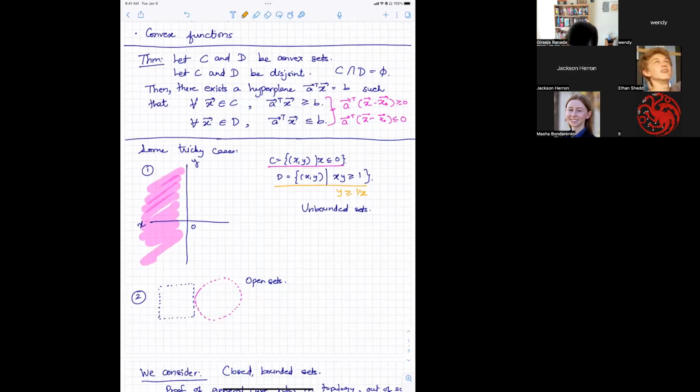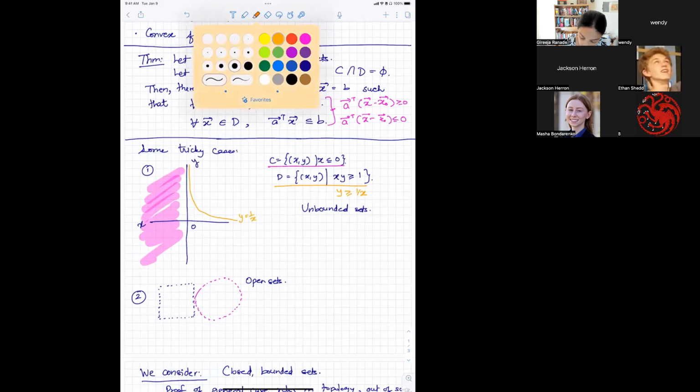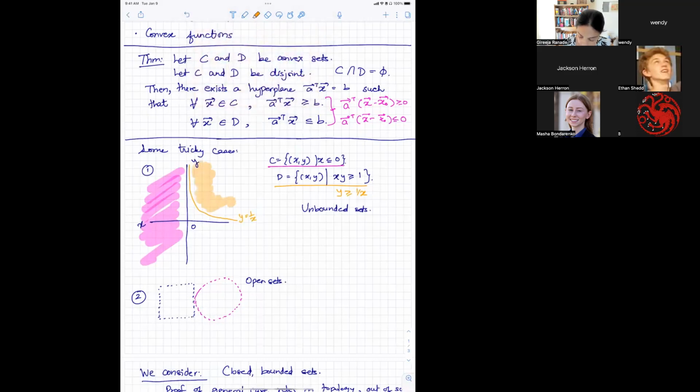And if I draw this now, this is my Y equal to 1 over X curve. And so Y greater than or equal to 1 over X is basically everything that's here, right? Now, both of these are unbounded sets.